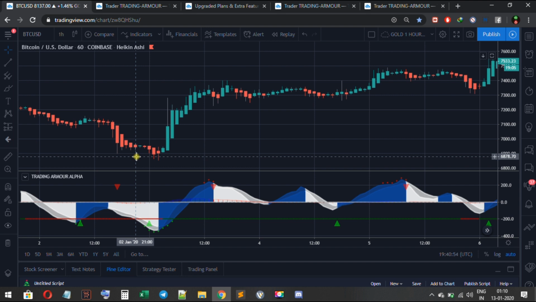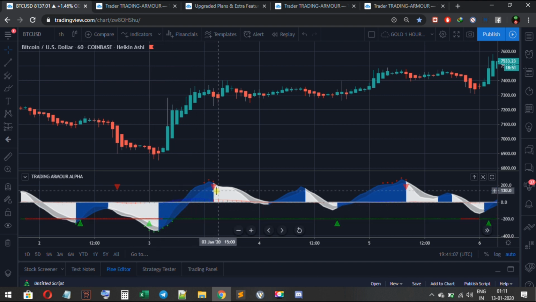Now it's time for bulls to come and push the price up. So you take a buy signal on this green line with this blue wave, and whenever the blue wave changes color, you exit your position.